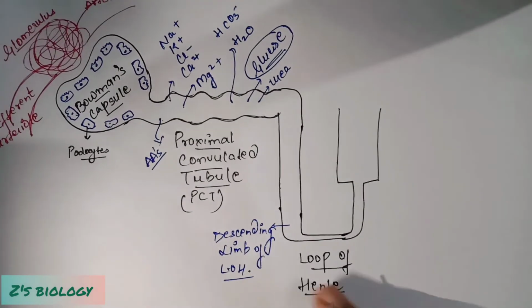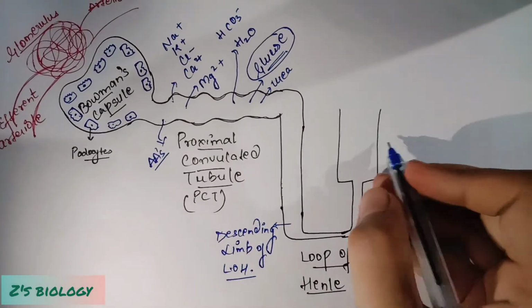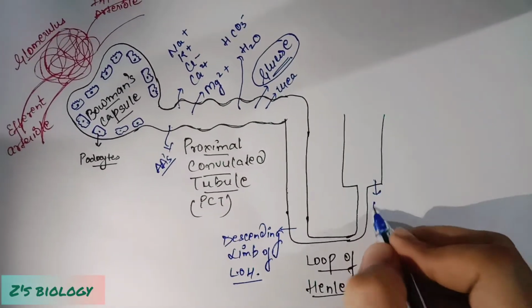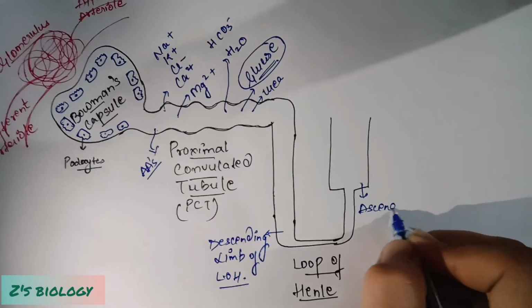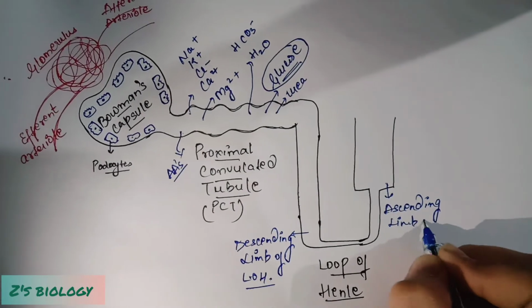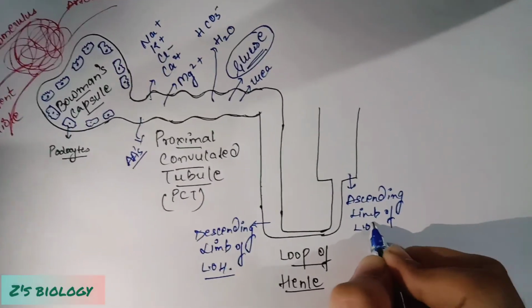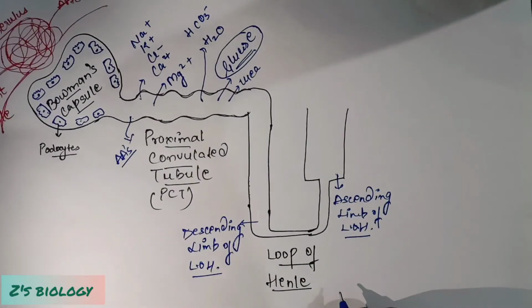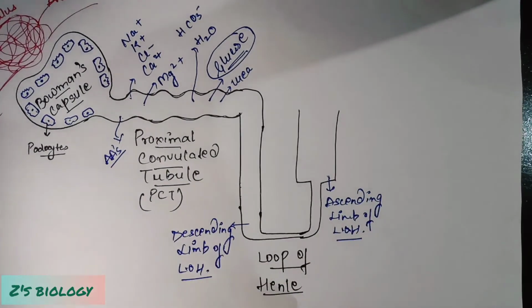So coming back, the loop of Henle has a descending limb, a hairpin bend, and the thick ascending limb. These three parts together make up the loop of Henle. Now some substances will be reabsorbed in the loop of Henle.